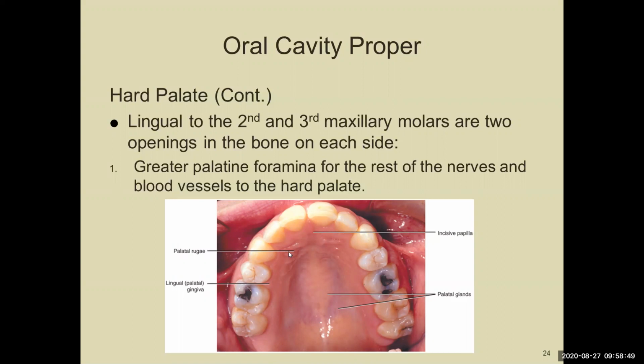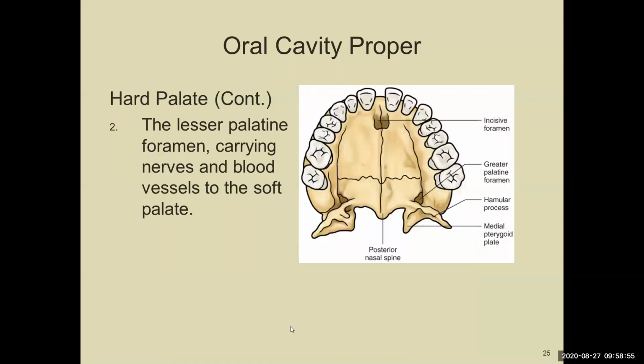Now, those wrinkles of connective tissue are the palatine rugae. The lesser palatine foramen carries nerves and blood vessels here, right? And then you've got your greater palatine foramen. So when you're doing an injection, you're going to be feeling for this little indentation here, because that's going to tell you about where you want to place your needle.